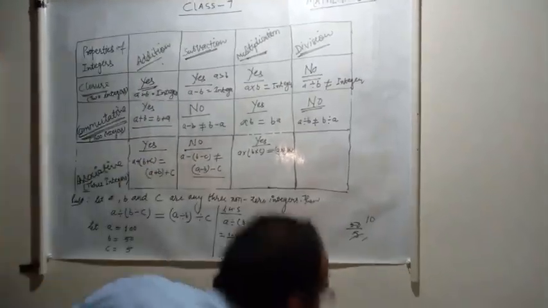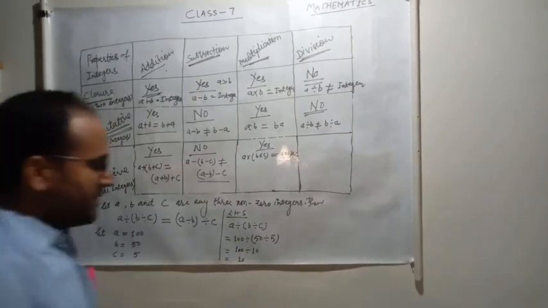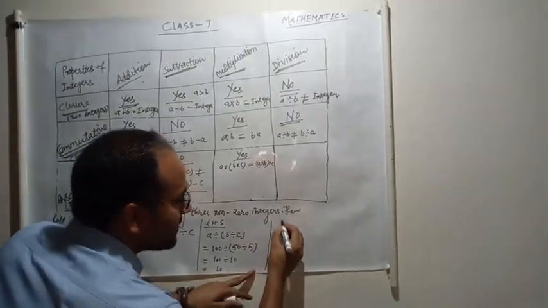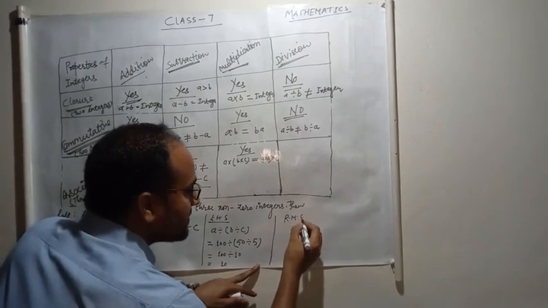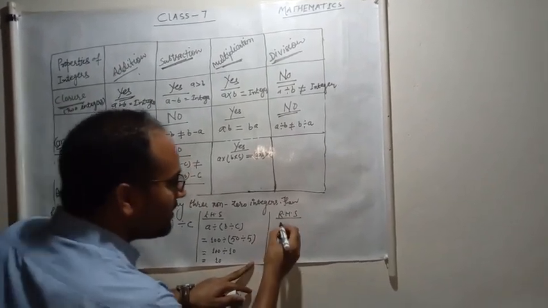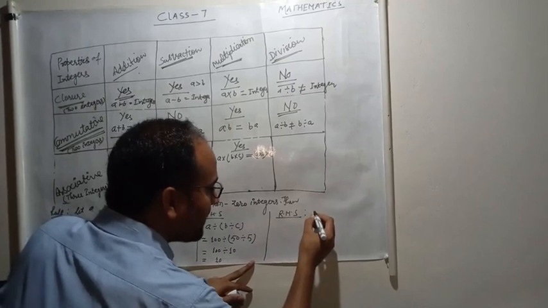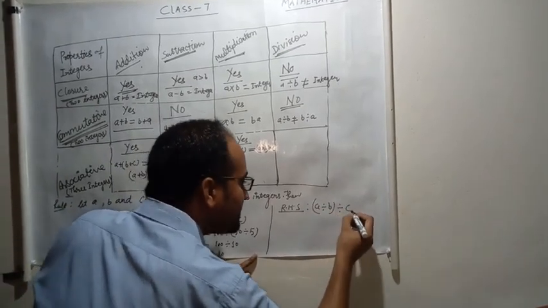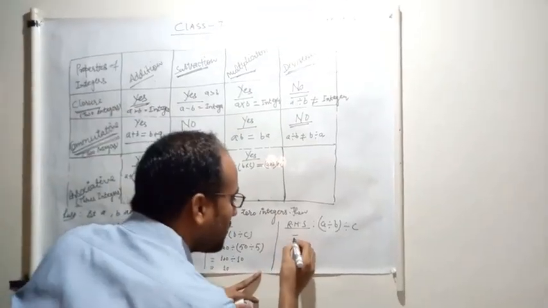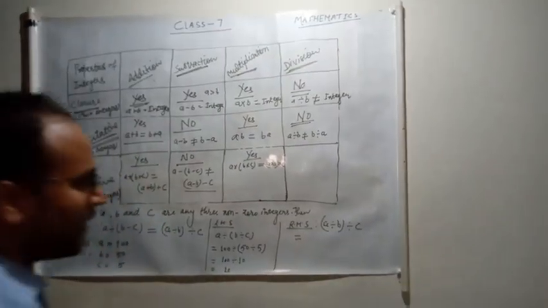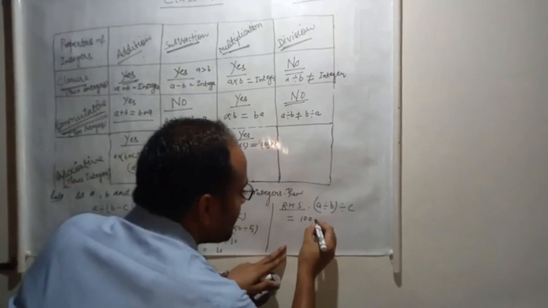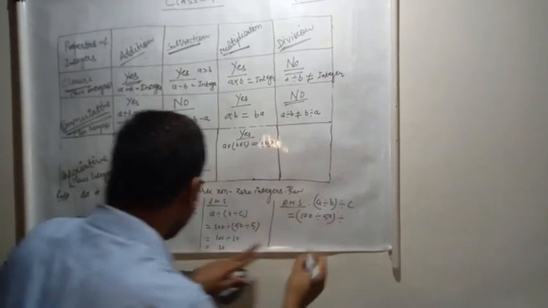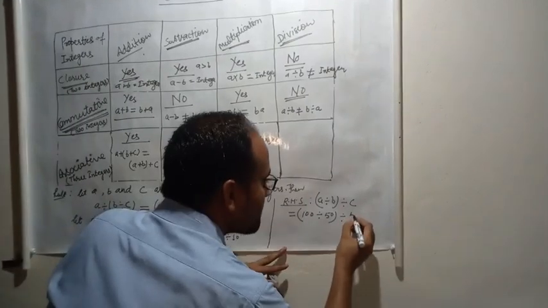Now I am going to solve the right hand side. See this one carefully, students. Right hand side is (A divide B) divide C. Putting the value of A as 100: (100 divided by 50), close the bracket, divided by C, which is 5.